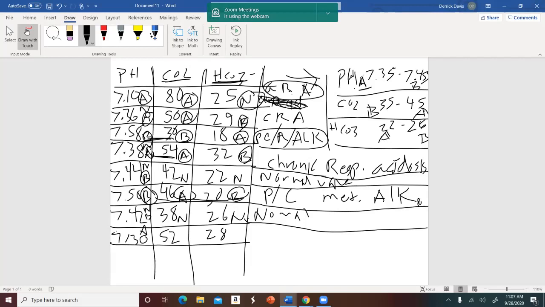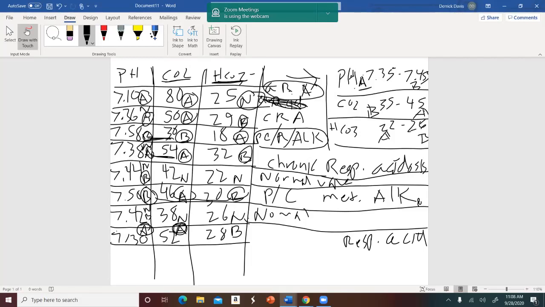CO2 of 52 is acidic. A bicarb of 28 is basic. So here I have an acidosis. So I'm going to write that down. Who matches up with the acidosis? Who's to blame for it? Well, that's respiratory. So they have a respiratory acidosis.